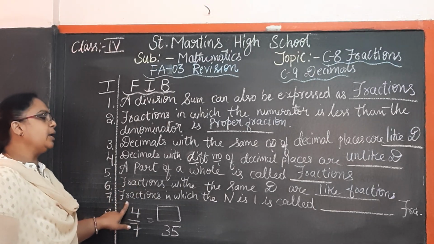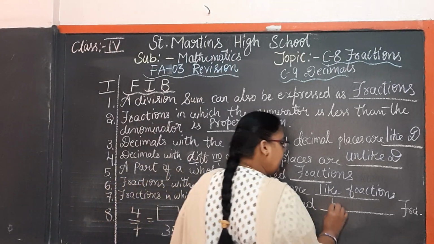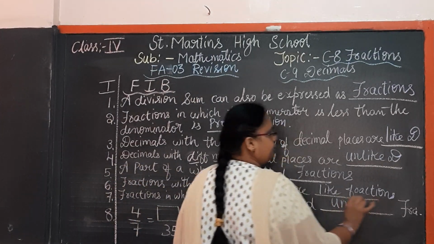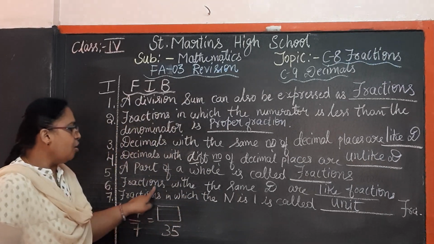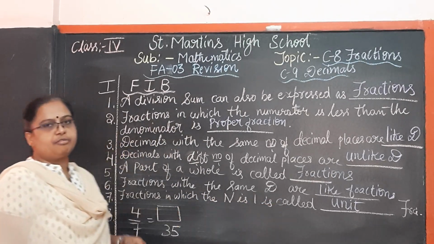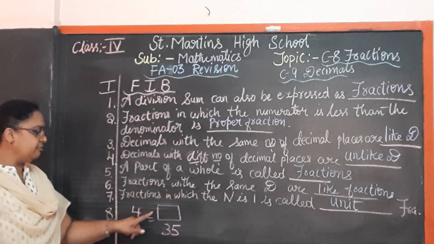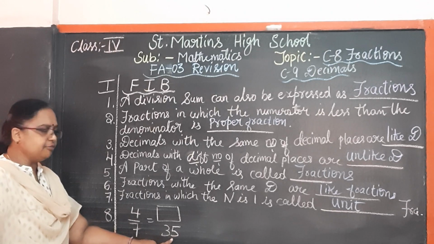Fractions in which the numerator is 1 are called unit fractions. What do we call it? Unit fraction. See, in this, all the numerators are 1. So, we call them unit fractions. Next, here 4 and 7 are given. Here we have a blank. And here we have 35.